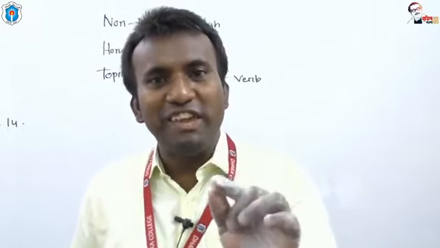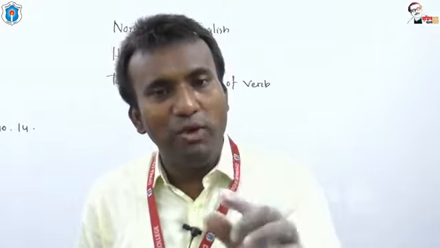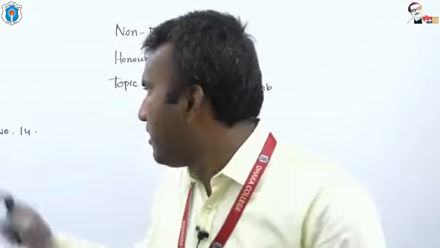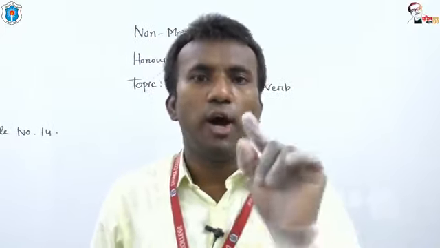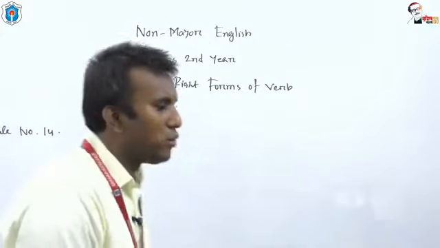Now I am going to give you an example of correction related to rule number 14. I will give you 4 options and you are requested to find out one of these 4 options. Look at the board.